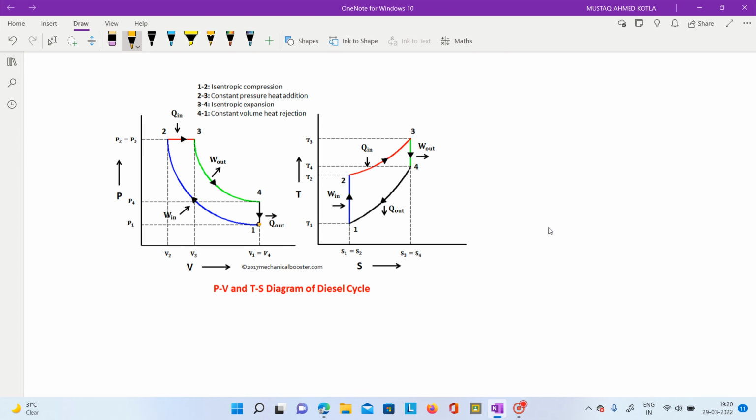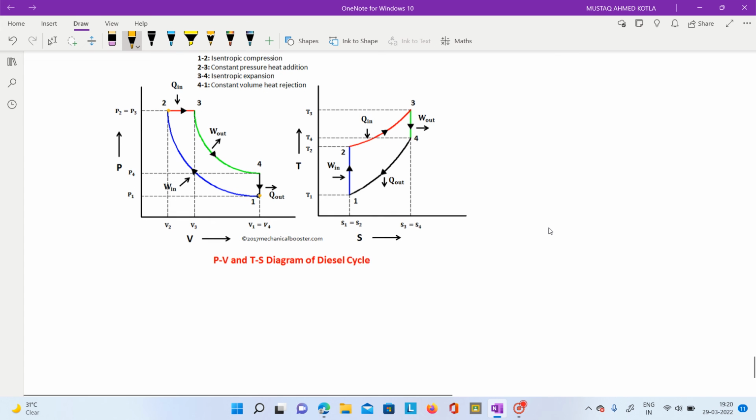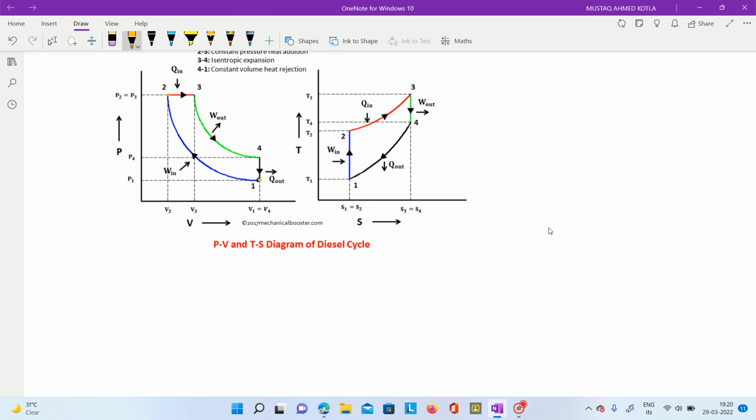See, from process 1 to 2, PV^gamma equals constant. P1 V1^gamma equals P2 V2^gamma. P2 by P1 equals (V1 by V2) whole power gamma, where P2 by P1 equals, I already told that, what is it?